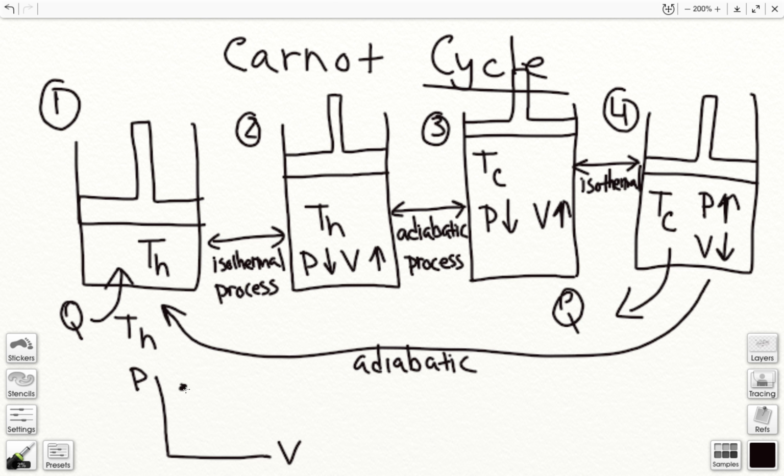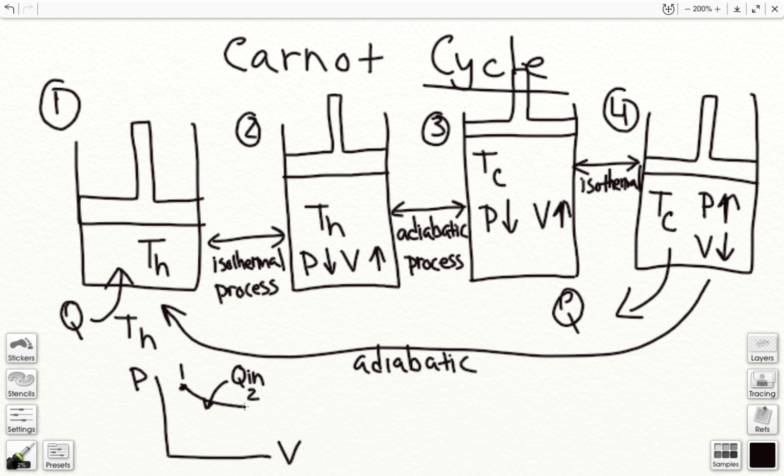Okay, now that you've had some time to think about it, from point 1 to point 2, we see a drop in pressure and an increase in volume. And in this, we have a Q coming in. This occurs at a constant temperature.